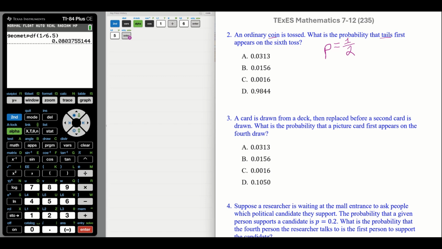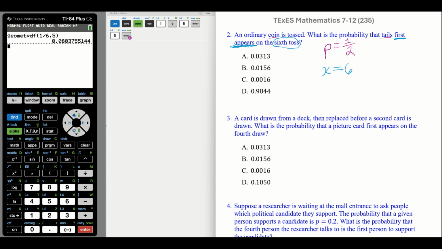Now it's saying first appears, and that's precisely on the 6th toss. That's how we know that we're using our geometpdf. So the x we want to put in is going to be the 6.